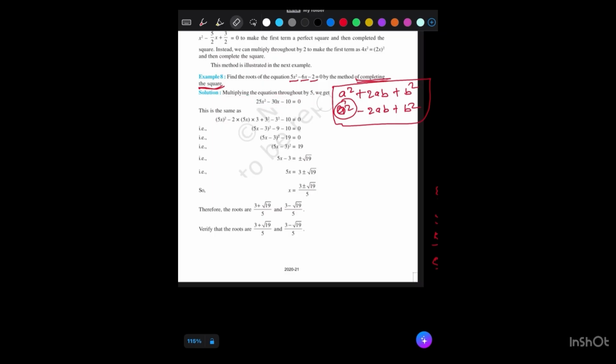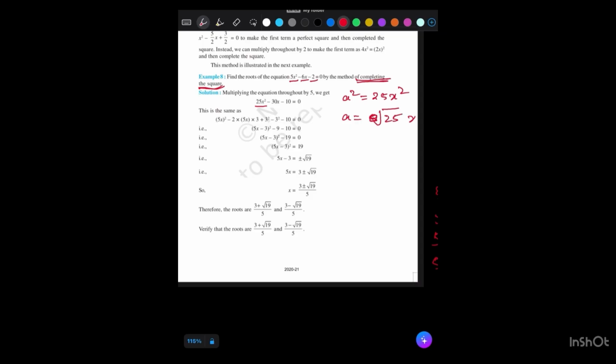Okay, fine. Now we are having 25x squared. What is that? A squared is equal to 25x squared. Okay, then what will be the value of a? How to find out? There are two ways.